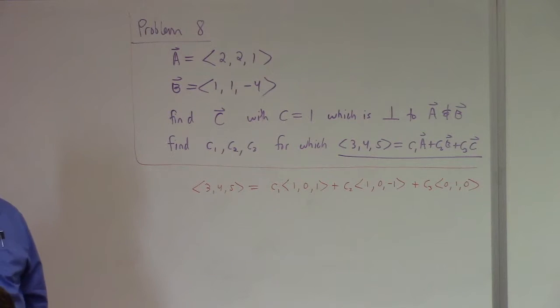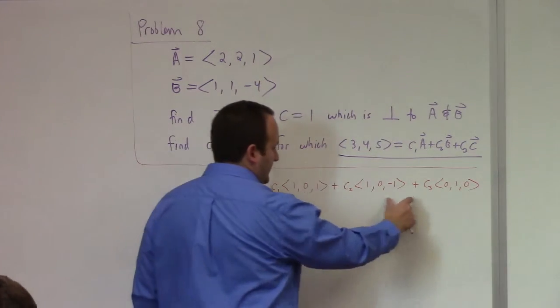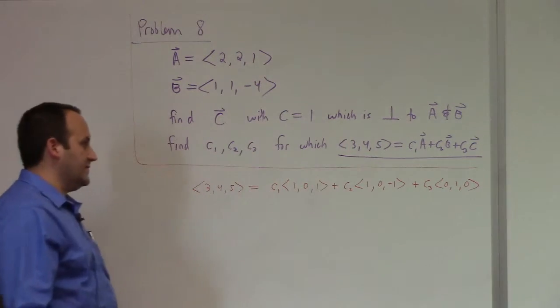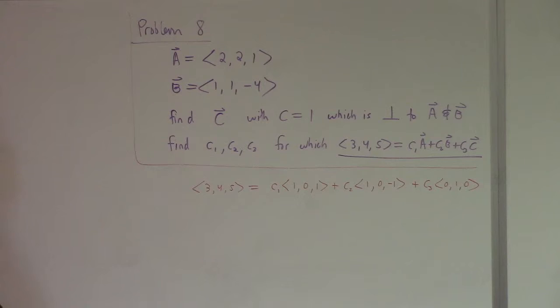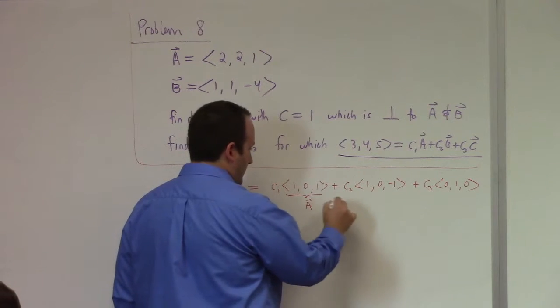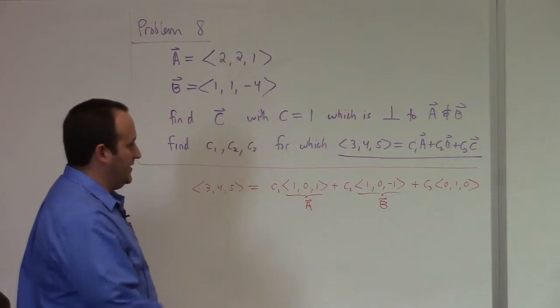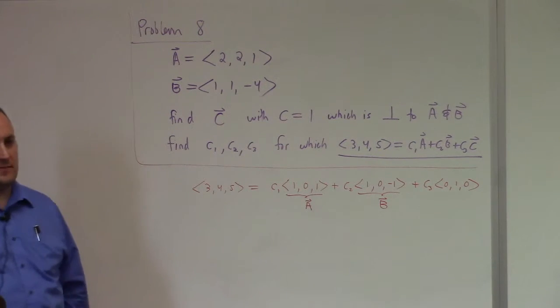What sneaky thing can I do? So I made up these vectors that I just wrote down here with a specific structure in mind. And in fact, this is like A, right? And this is kind of like B. So I constructed A and B so that A dot B is 0.